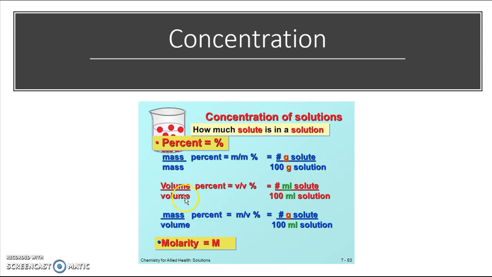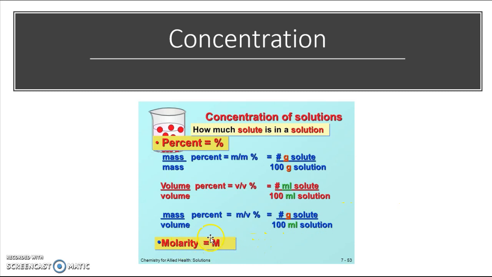If it is volume percent, it will be milliliters of solute per milliliters of solution times 100. And if it is the mass over volume percent concentration, it will be grams per milliliter of solution times 100.